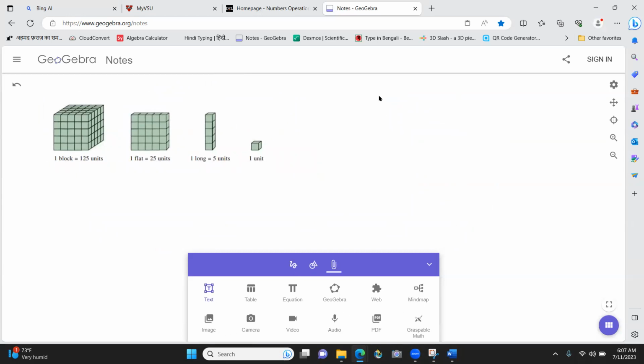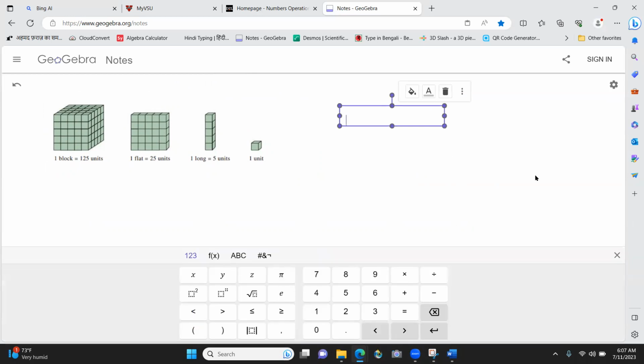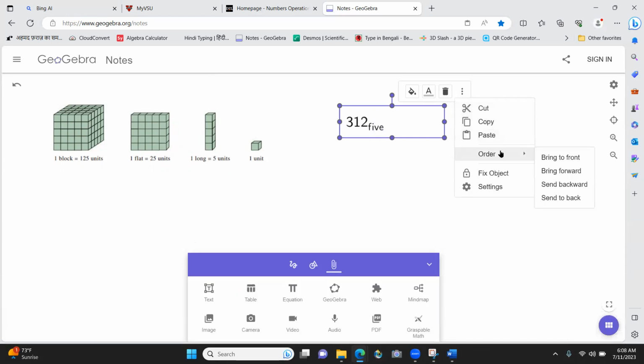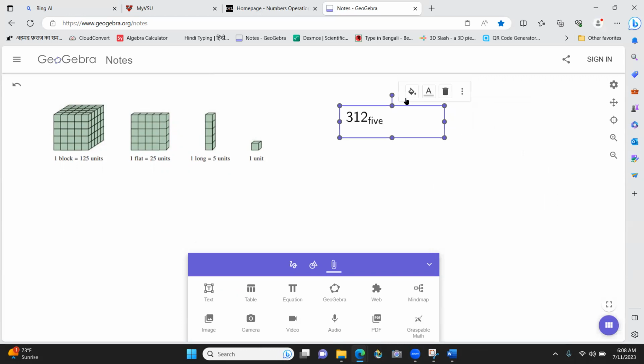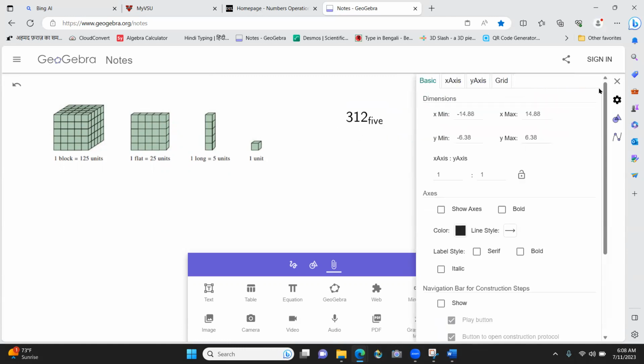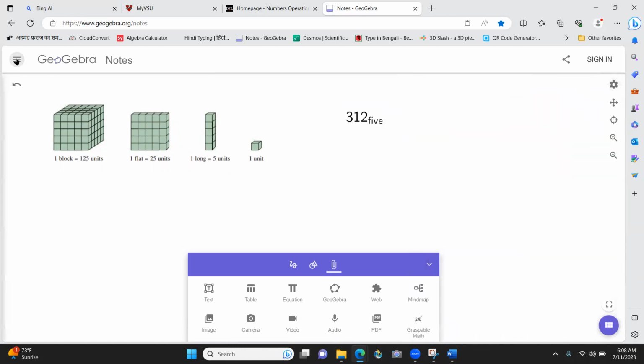I'm going to write these numbers real big. Everything is in base 5. We'll make it a little bigger.